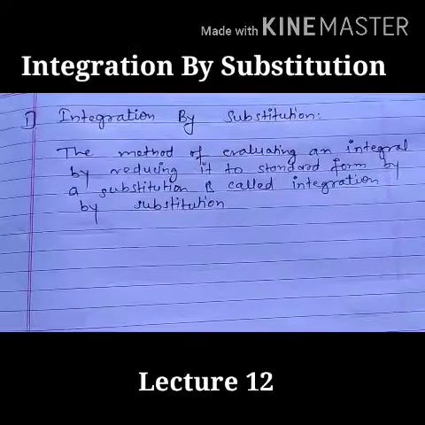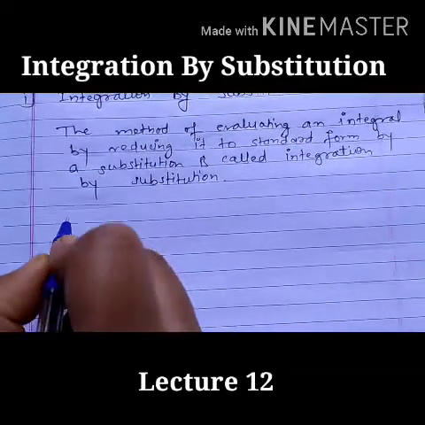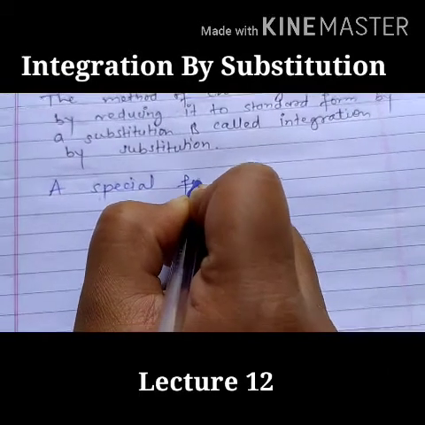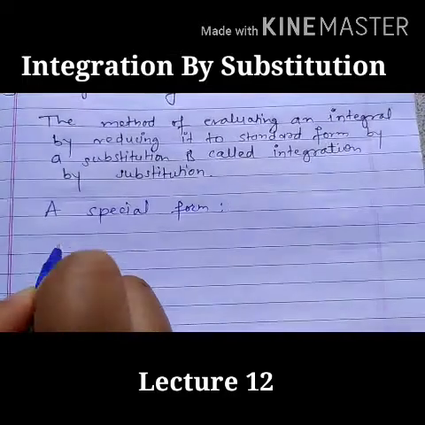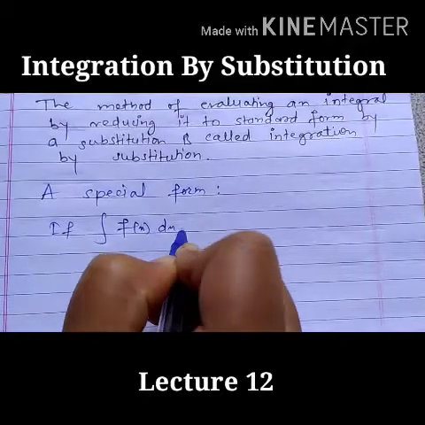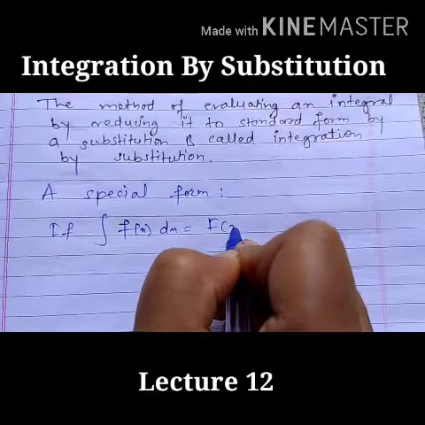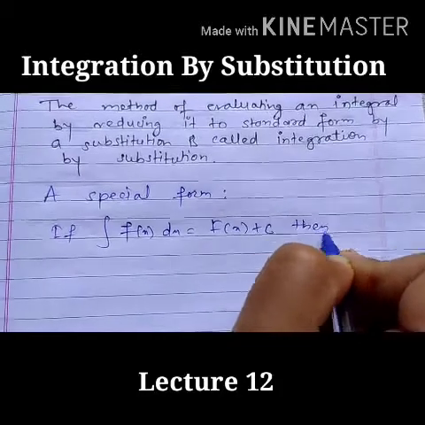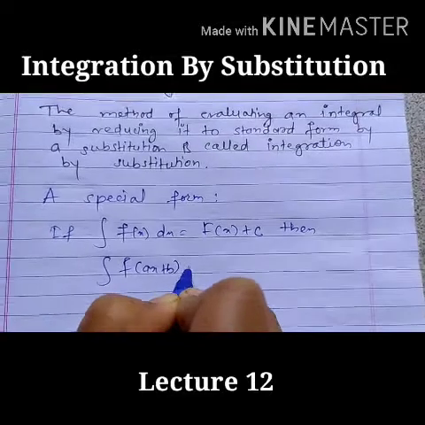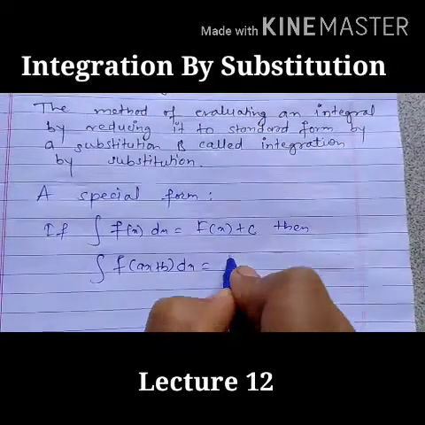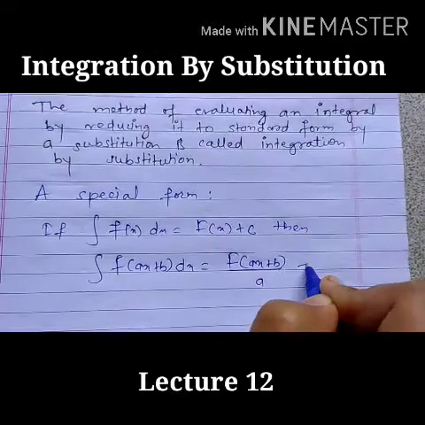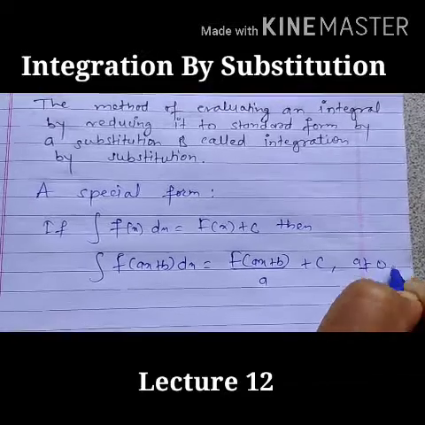Now in this we'll see a special form. If integration of f of x dx is equal to capital F of x plus c, then integration of f of ax plus b dx is equal to capital F of ax plus b upon a plus c, where a is non-zero.